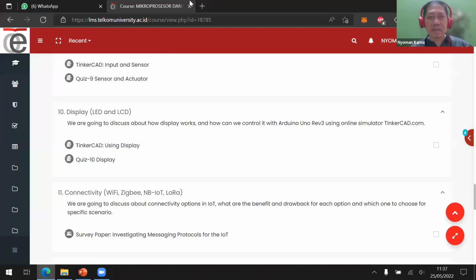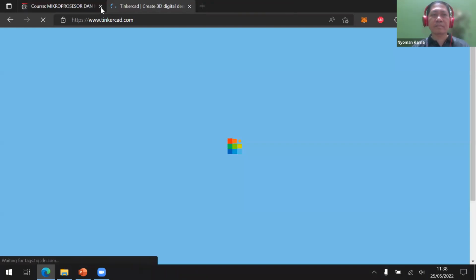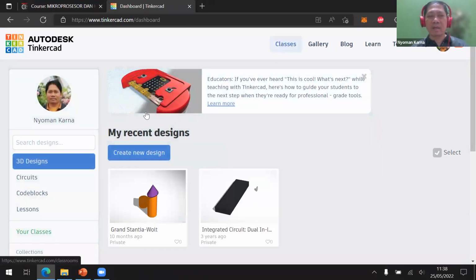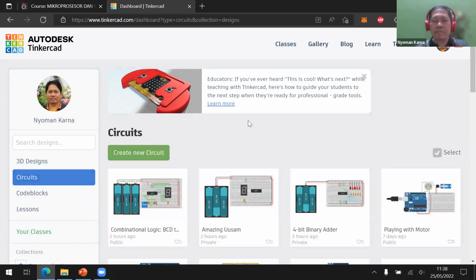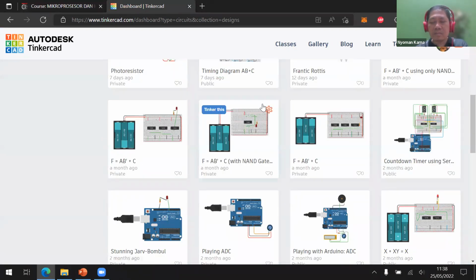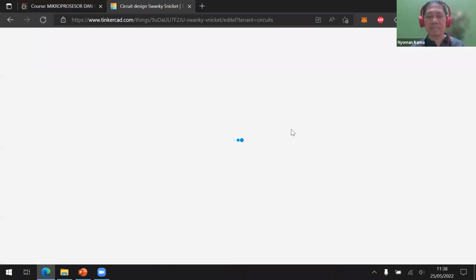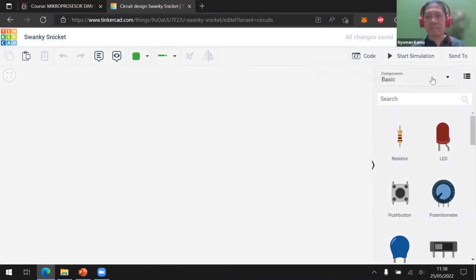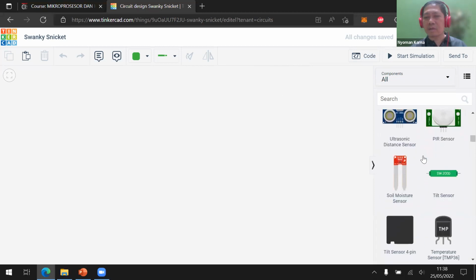Okay, so let's just start by using the Tinkercad. And then we're going to create a new design. Okay, let's check out our Arduino.